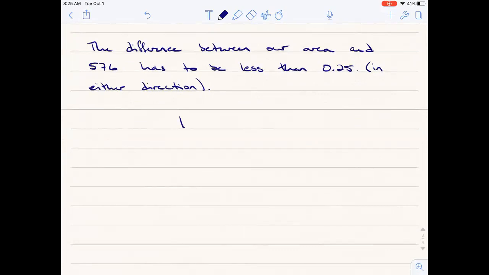So we can show that with the absolute value, right? Because if it's larger than 576, we get a positive value inside there. If it's less than 576, we get a negative value. But either way, it has to be less than 0.25. So we get x squared minus 576.